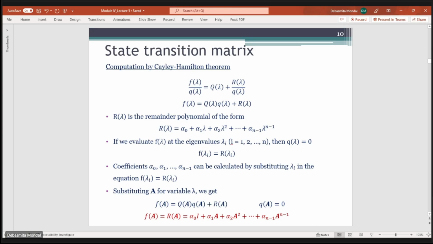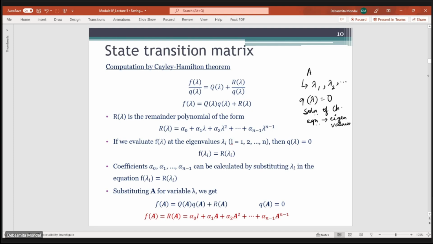Now if we find the values of f lambda at the eigenvalues lambda 1, lambda 2, till lambda n, then this term will be equal to 0 because q lambda is equal to 0. Since we have a matrix A and its eigenvalues are lambda 1, lambda 2 and so on, this is the characteristic equation, and its solution gives you the eigenvalues of that matrix.